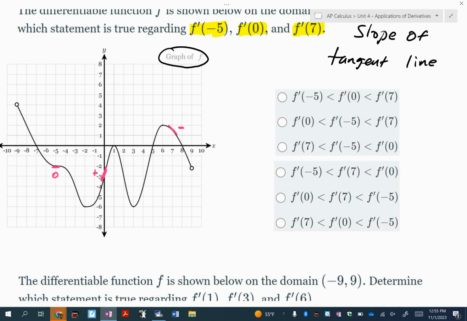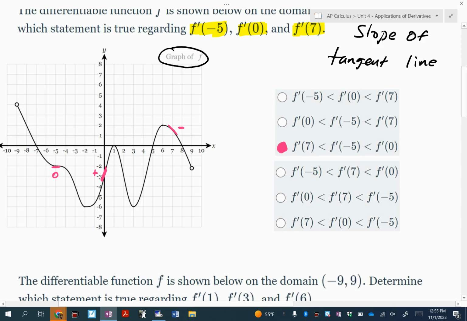So I'll be using the one that's 7. Then the next one would be the 0. Which one was the 0? F prime at -5. And which one was the positive? 0 was when we evaluated 0, so f prime of 0. So if you find the order on these 6 options that has those, it should be the third one.